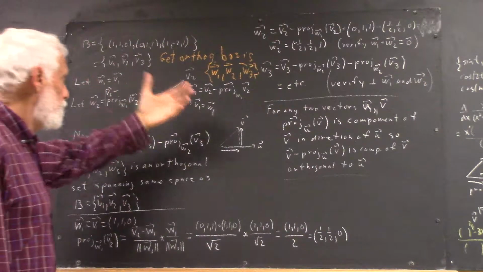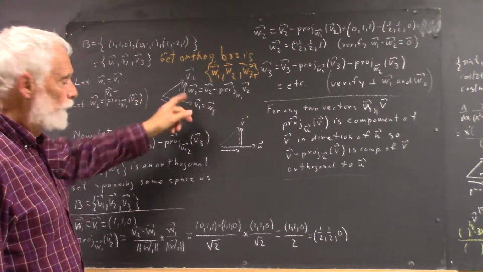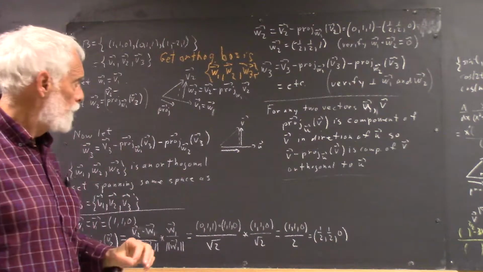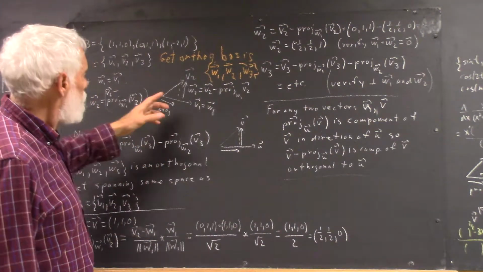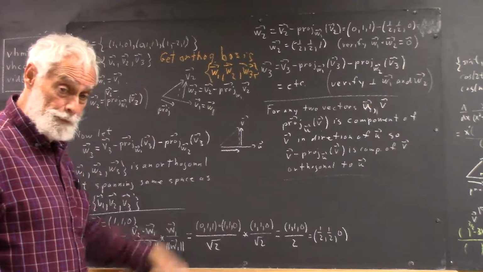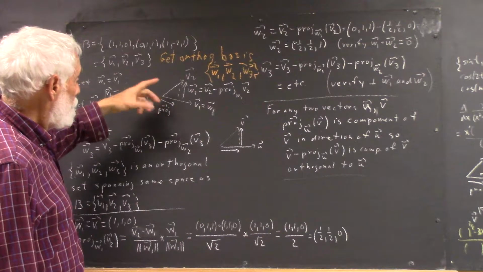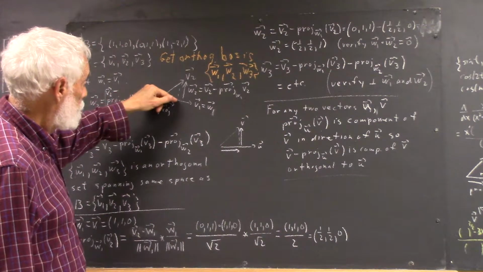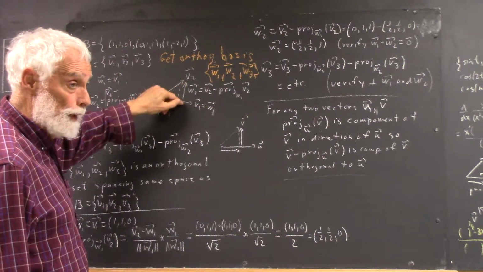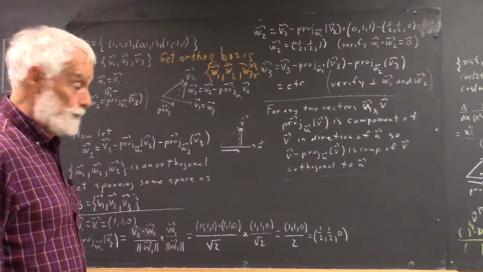Okay, well, let me just say that what we're really doing when we subtract the projection from W2, what is the projection? The projection is the component of V2 in the direction of W1. V2 is equal to this component plus this component. This component is the component perpendicular to W1.